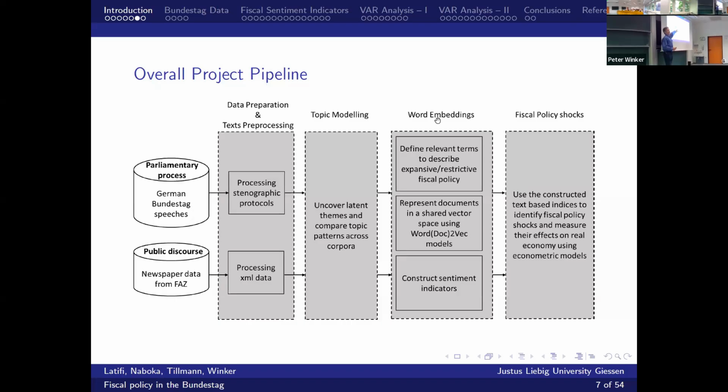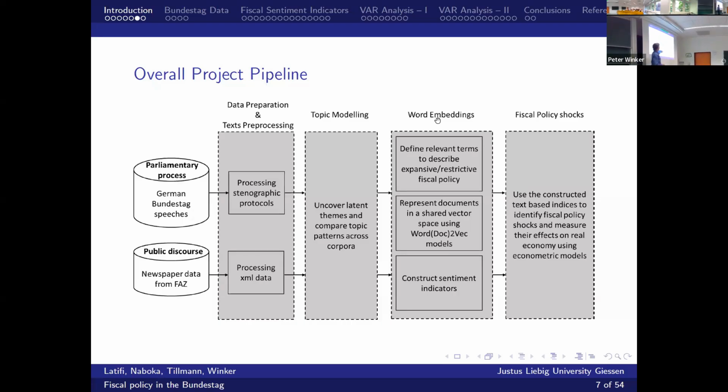A huge part of the work was in preparing the data, because most recent speech data are available in a nice XML format, but the historic data is just text. The only information you have is the date, and then the text for the date. There was a lot of work to split up this text into speeches, assign them to certain persons, and the persons to political parties, so as to construct the indicators.